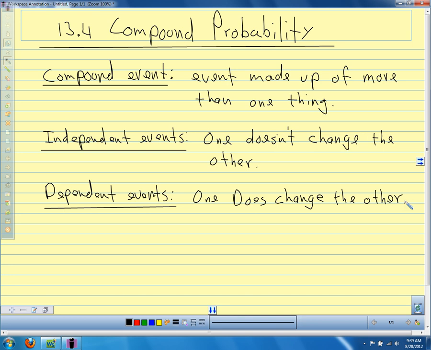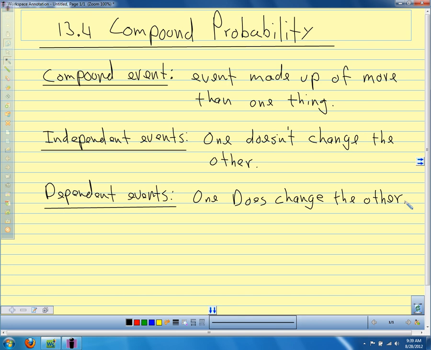What do we think? Independent. Flipping the coin doesn't change what happens in the deck of cards. So those would be independent. And then how about picking a king from a deck of cards, not putting it back, and then picking an 8? Dependent. Not putting the one back changes the probability of the second.